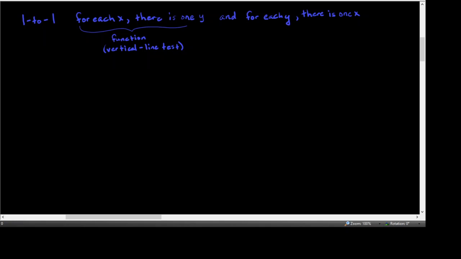And the way we can test that is with something called the horizontal line test. And if a function passes both of these tests, then it will have an inverse.